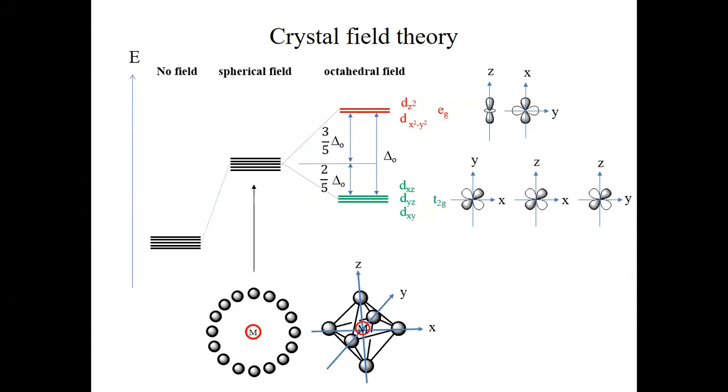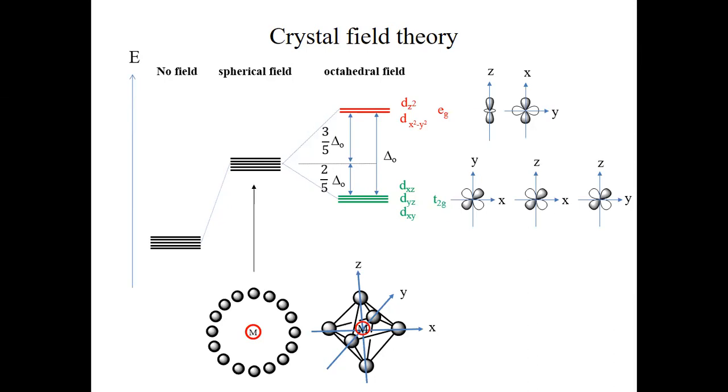Let's move on. We started in the last class with crystal field theory, and we have applied it so far to an octahedral complex. When we have an octahedral complex, we have an octahedral crystal field, and that leads to a repulsion between the electrons in the ligands and the electrons in the d orbitals.